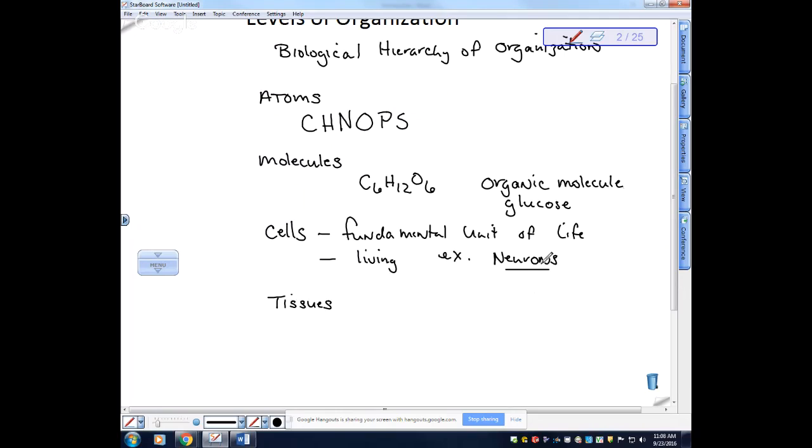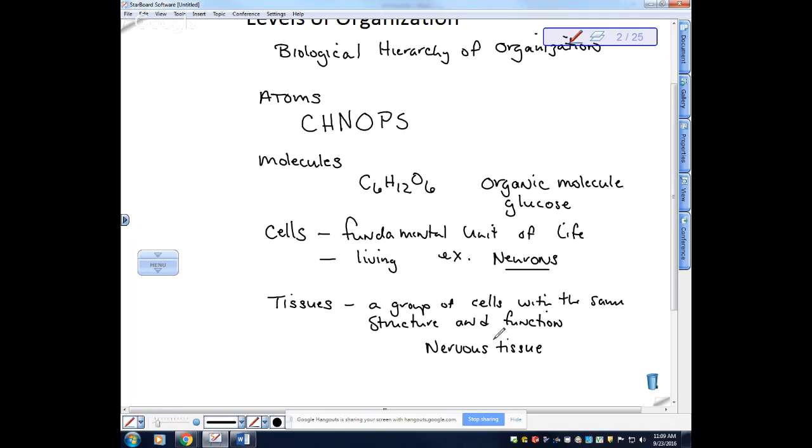And when we look at tissues, this is a group of cells with the same structure and function. So the cells being neurons, when you group them together and say, for example, that is the spinal cord, then the spinal cord is made up of, has inside of it, nervous tissue.